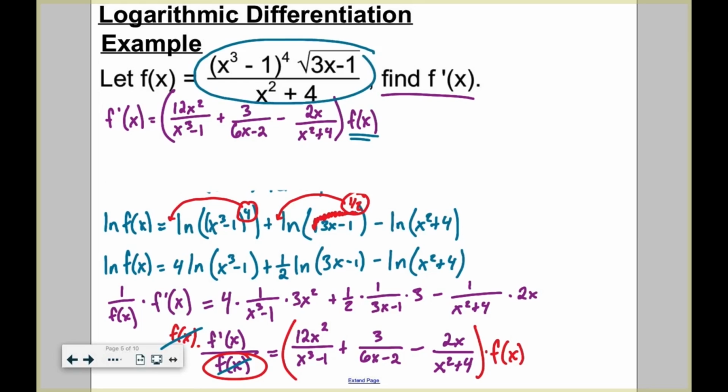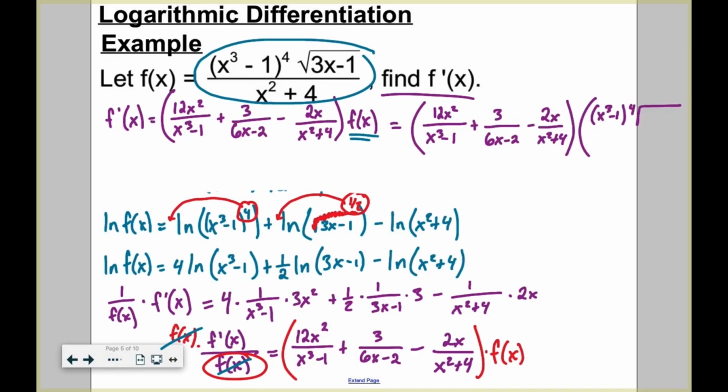So therefore, f prime of x is going to be equal to the quantity 12x squared all over x cubed minus 1 plus 3 over 6x minus 2 minus 2x over x squared plus 4, times our original function, which is the quantity x cubed minus 1 to the 4th times the square root of 3x minus 1 all over x squared plus 4.